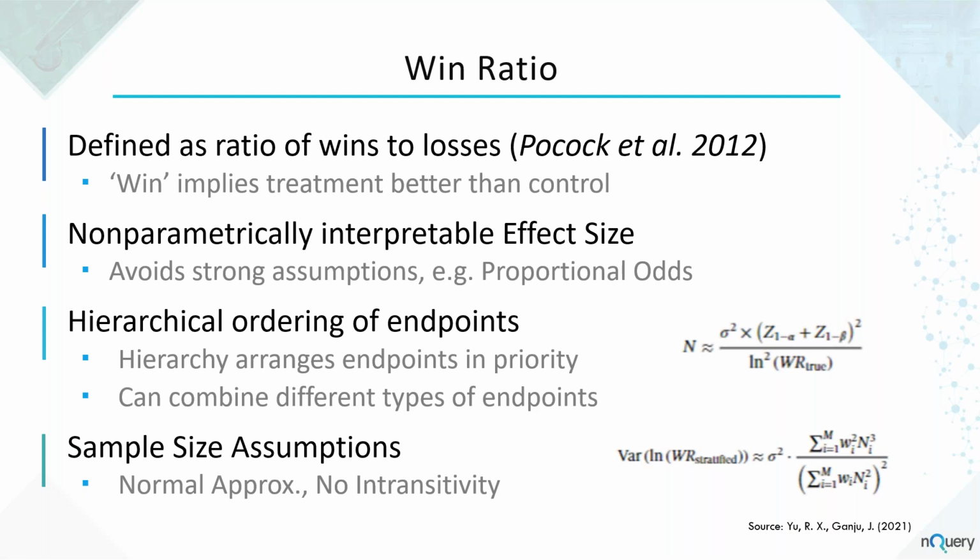As you can imagine, a loss refers to the case where a subject from the treatment group gives a response which is worse than that in the control group. And then a tie is the case where the comparison is indeterminate, so where maybe for ordinary survival, they're both at a similar time or very similar time.